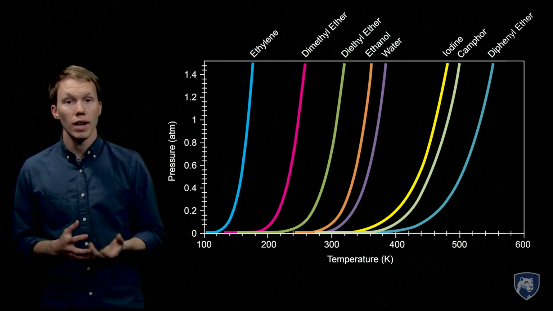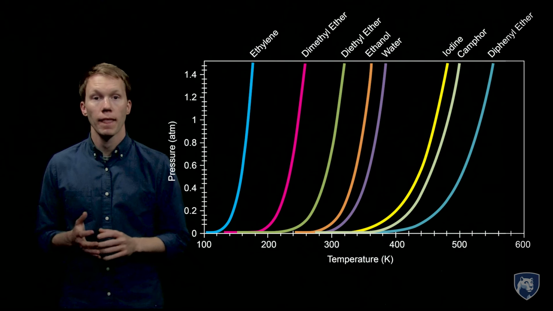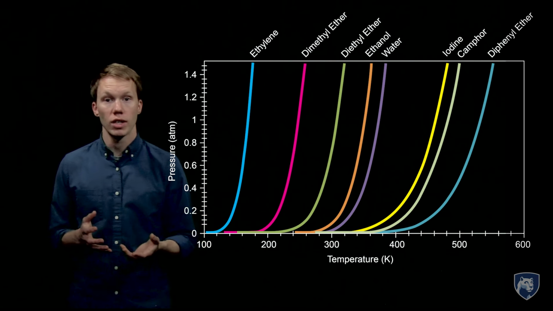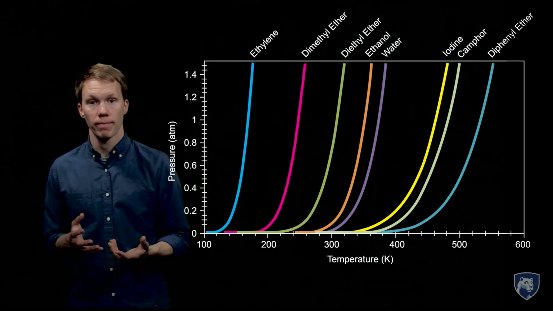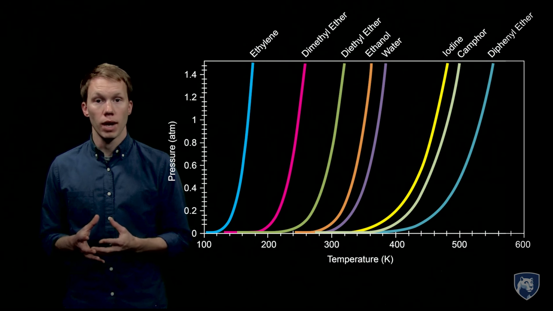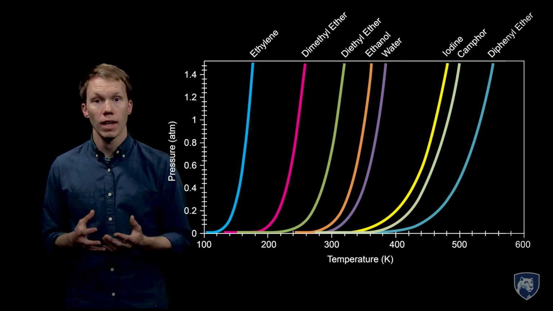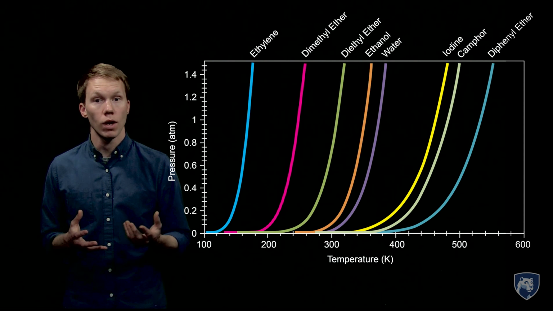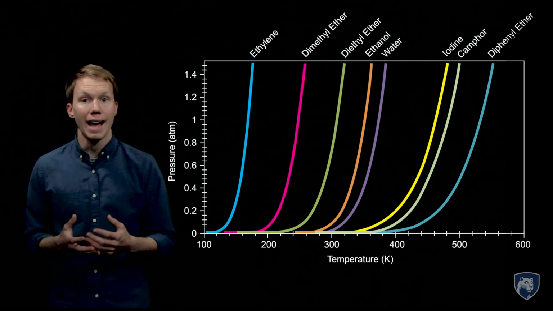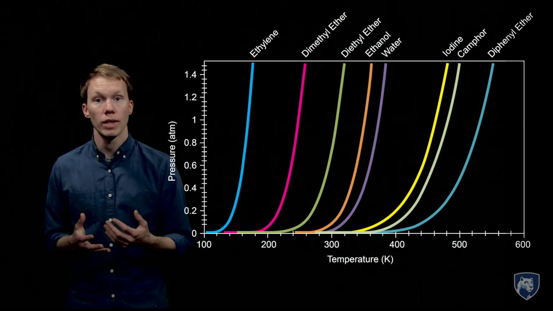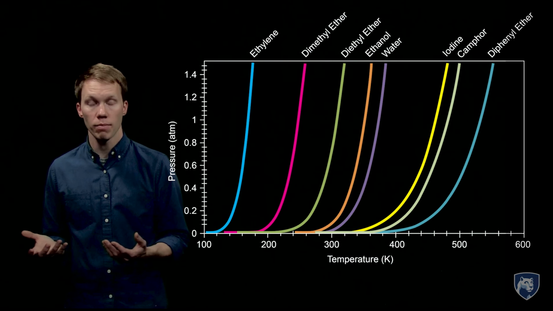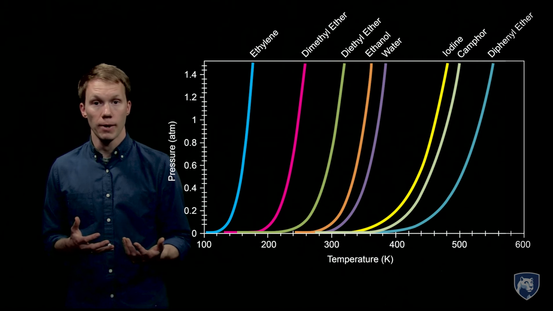We can also gain some other information from this plot. A substance will boil when the vapor pressure is equal to the atmospheric pressure. Standard atmospheric pressure is 1 atm. So we can find a substance's boiling point by looking for the temperature at 1 atm, because when the vapor pressure is 1 atm, equivalent to the atmospheric pressure, the substance will boil.